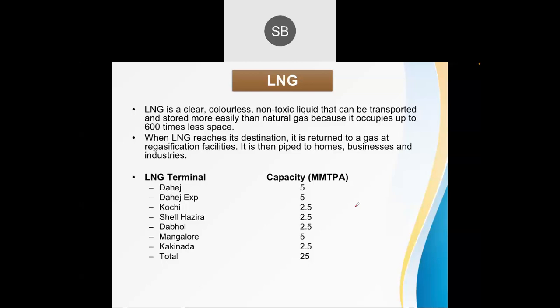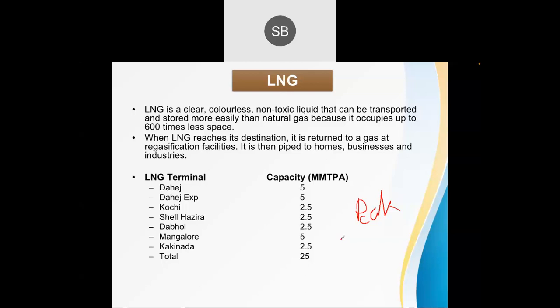The size is compact, and the capital investment is very less compared to the thermal power plant. Because of that, these power plants are generally used as peak load power plants.